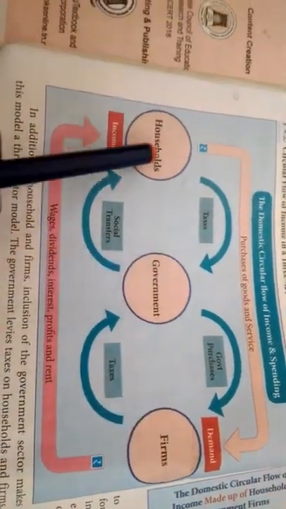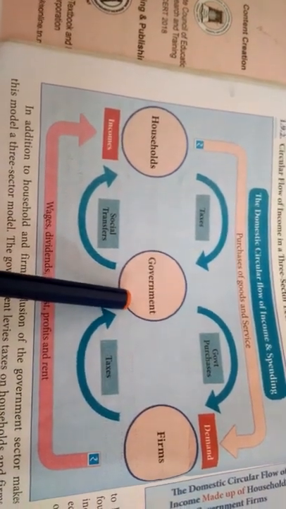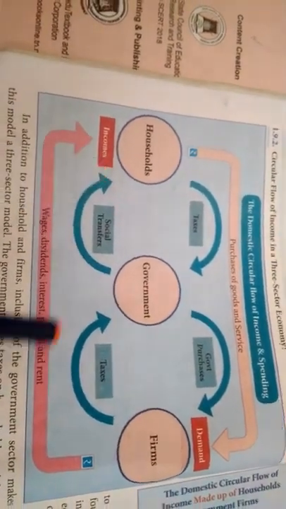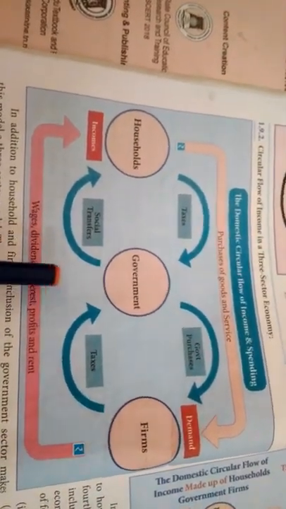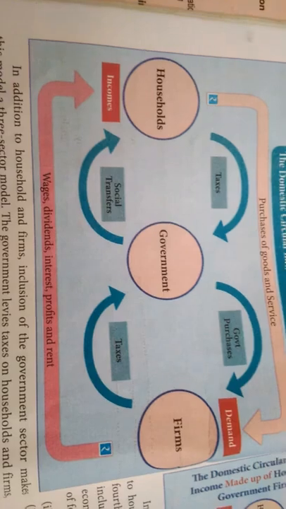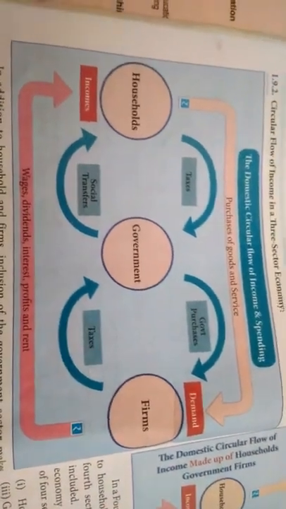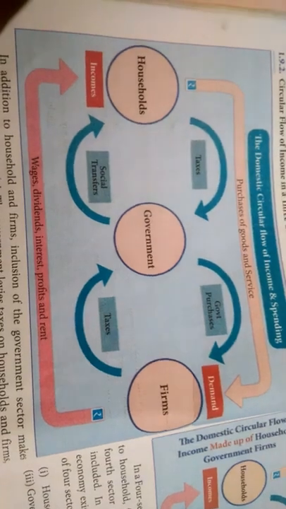The relationship between the government, household and farms goes through taxes and social transfers, and as we studied in the first two sector model, wages, dividend and interest, and purchase of goods and services by the household sector. Okay students, I think you may have understood, but if you don't understand, please ask me.